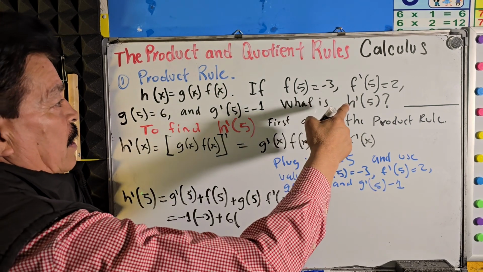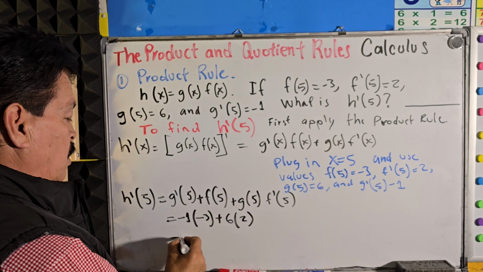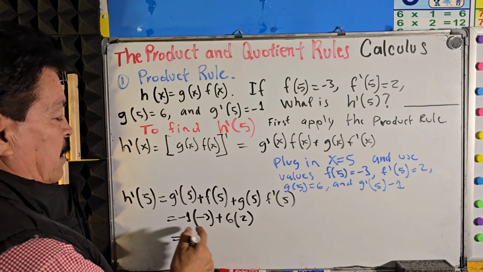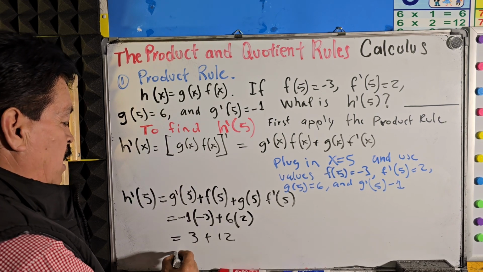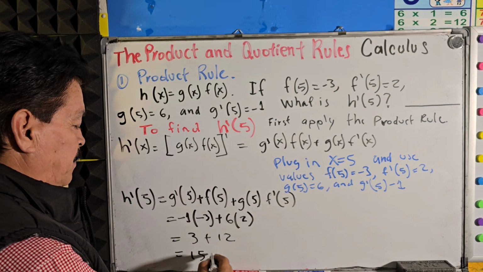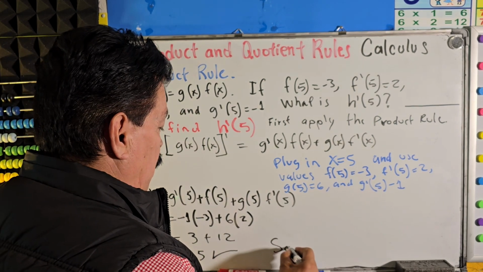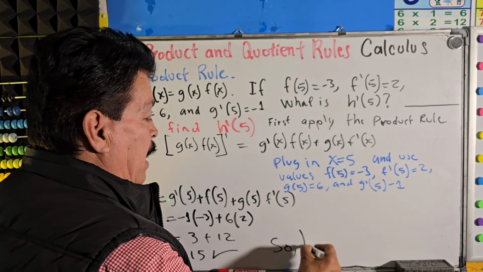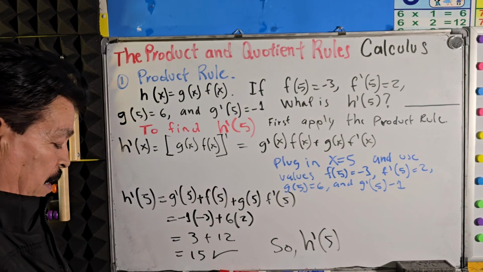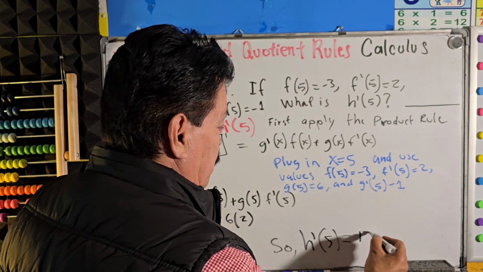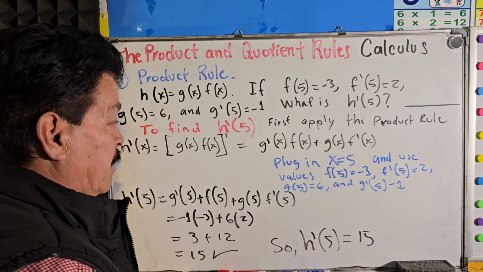F prime, we have 2 right there. You simplify, it's very easy. You will have 3 plus 12, so the answer is 15. Our conclusion: h prime of phi is equal to 15. Very, very easy, right?